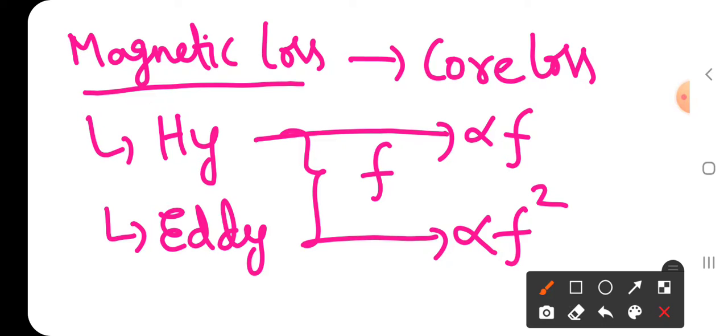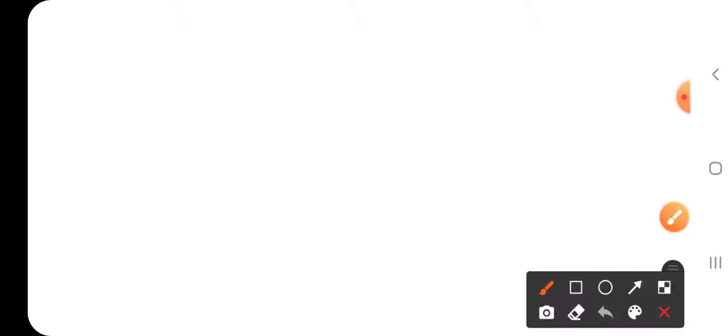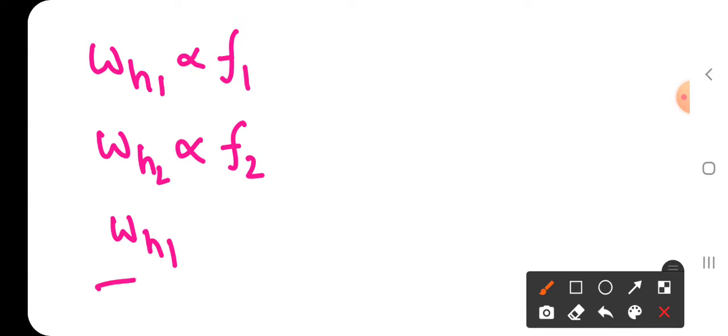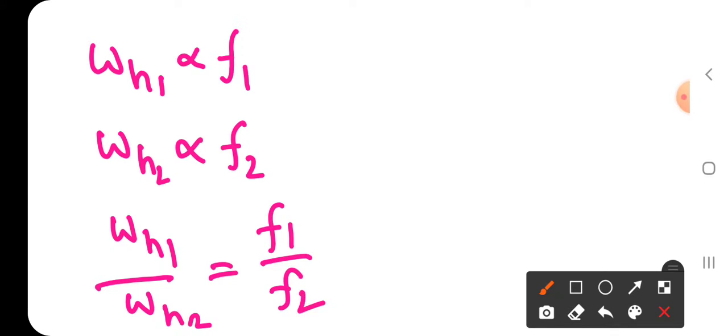That means if I know the hysteresis loss, let me assume WH1 is directly proportional to F1 and WH2 is directly proportional to F2. So from these two I can write WH1 by WH2 is equal to F1 by F2.